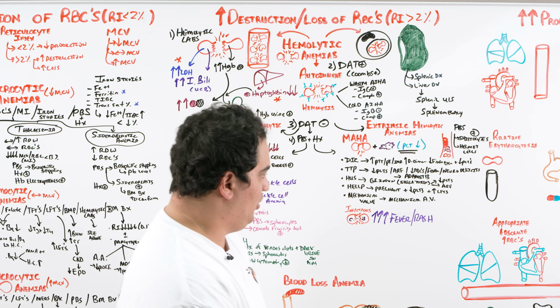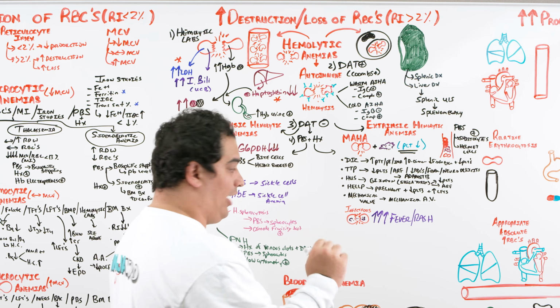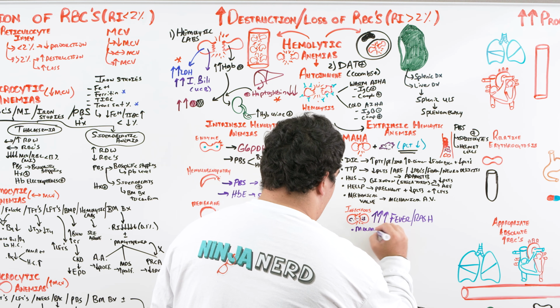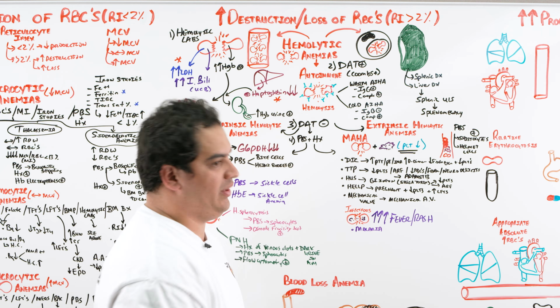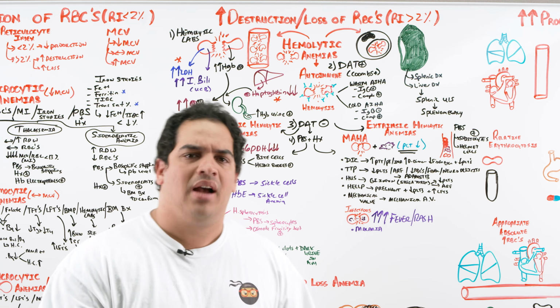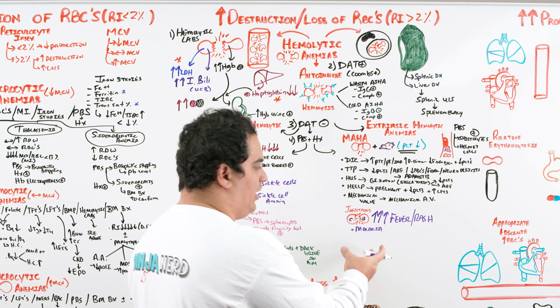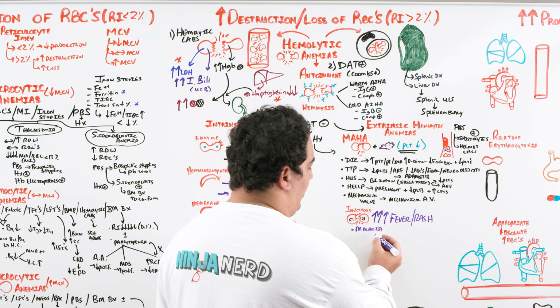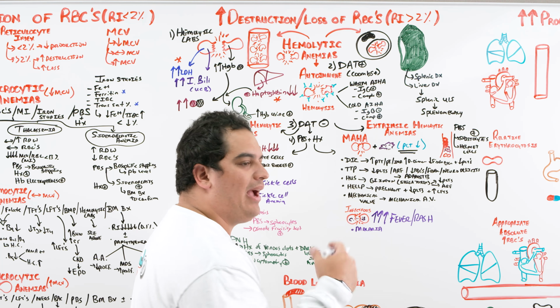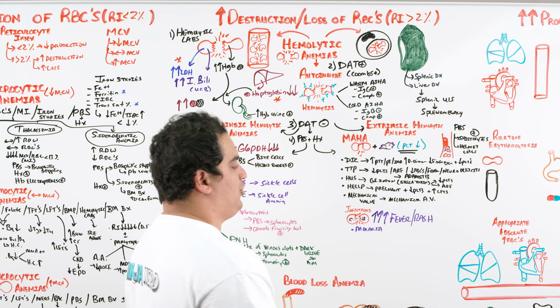For these ones, you wanna think about malaria. So in their history, they have some type of recent travel to Africa or some area where there's a high possibility of being exposed to malaria. And then they come back with a high fever, fatigue, and a lot of myalgias and things of that nature.